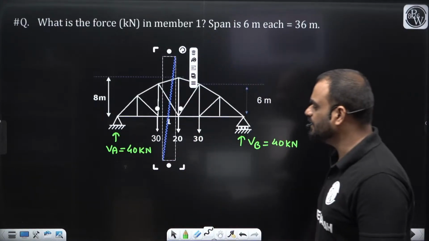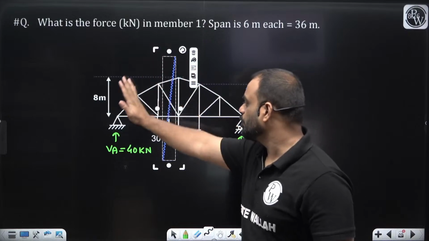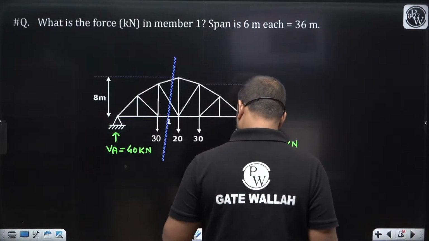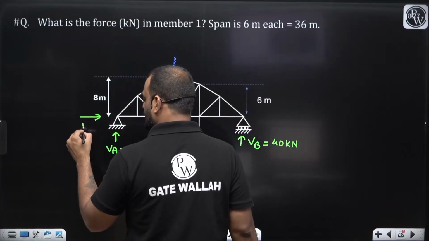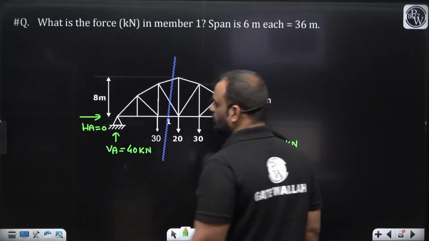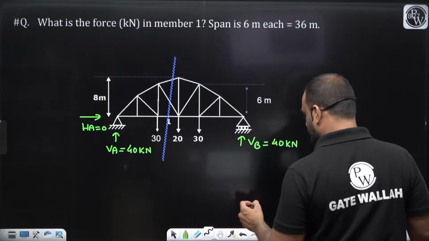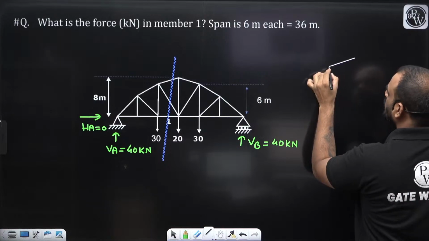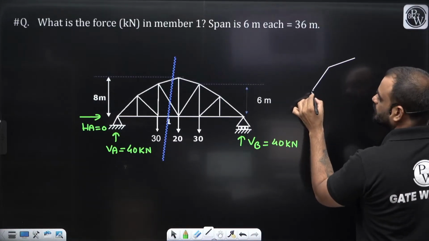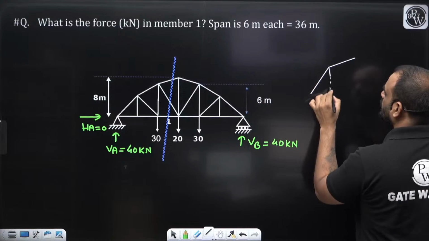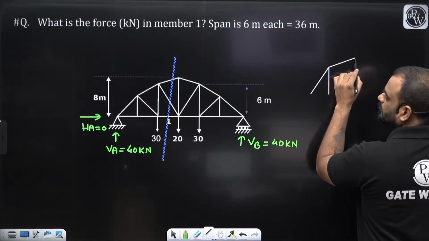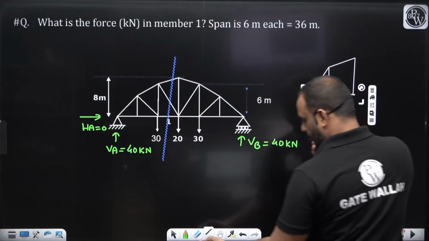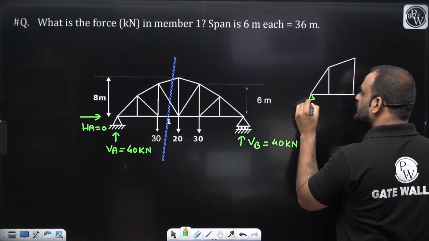And let us consider this particular portion of the structure. You know that, guys, there will not be any kind of horizontal reaction. So HA is how much? 0. Okay. So we'll try to draw this particular portion of the structure separately. So this is our support.